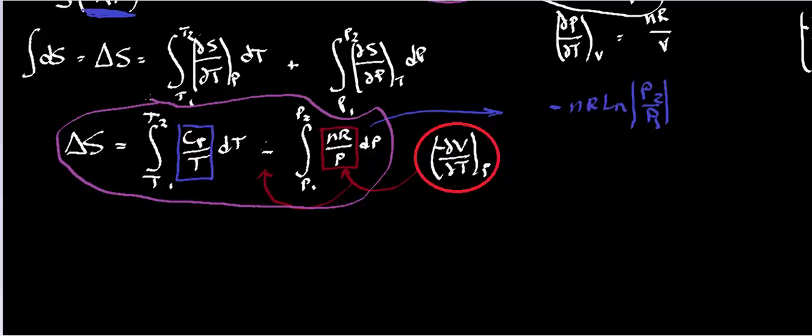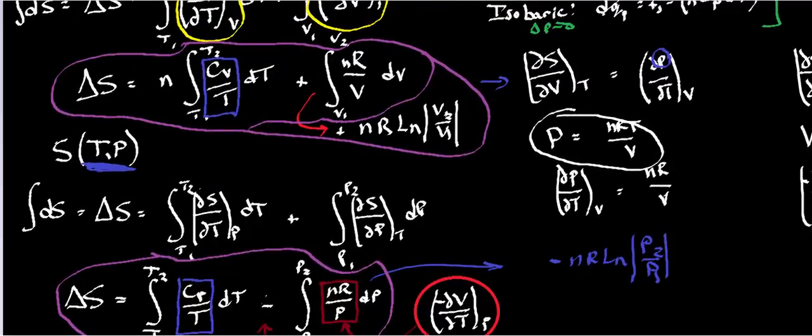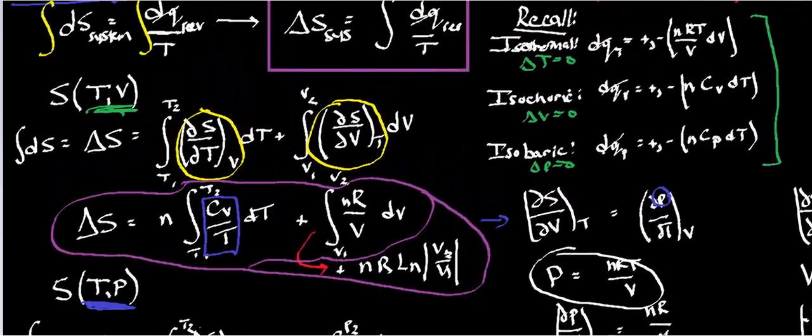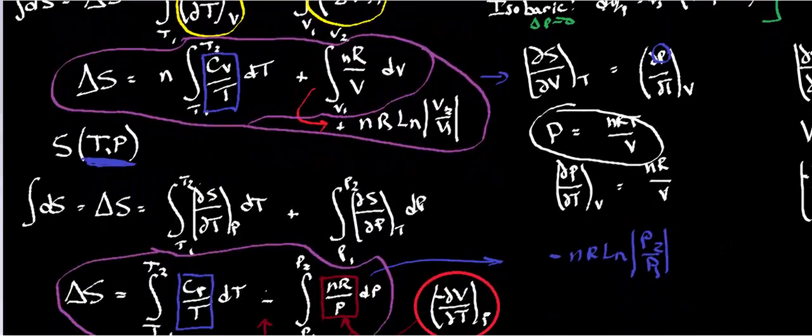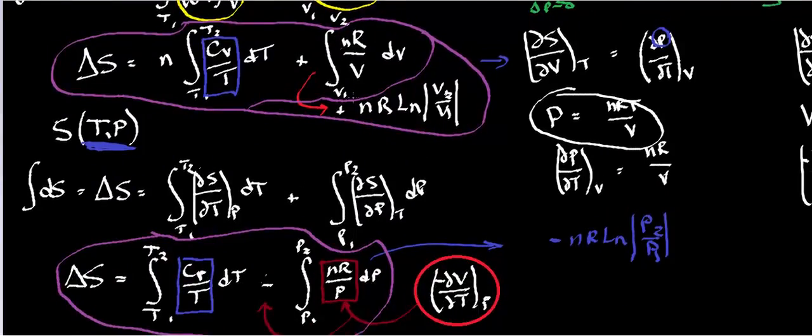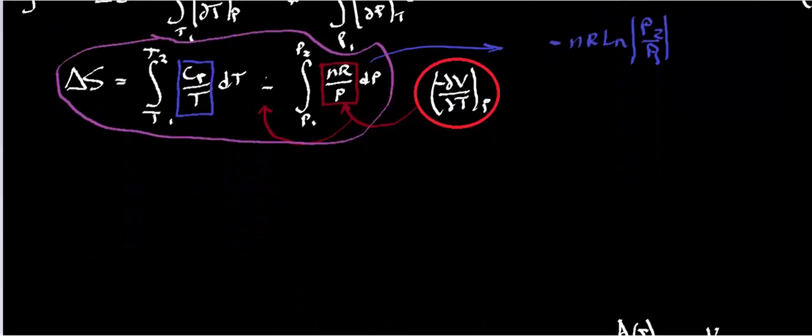Now the question is, when would I ever want to use which one? How do I know which one to use? That's the important question. Let's think about this from the ideal gas perspective, the equation of state. I have a system where PV is equal to nRT.